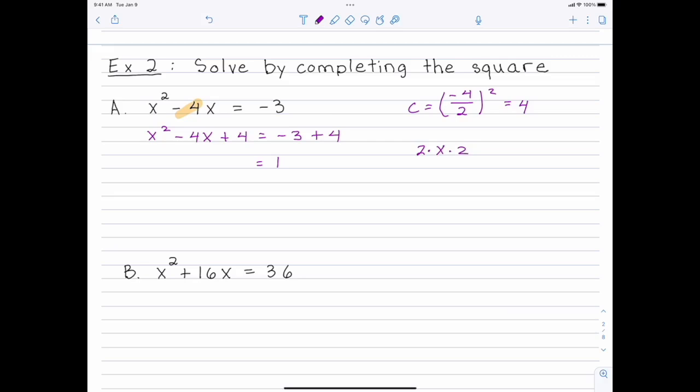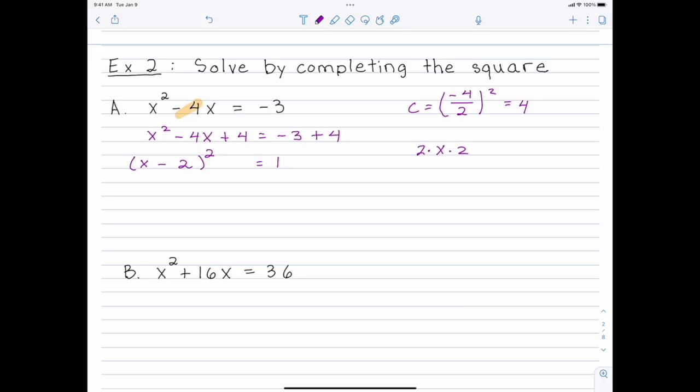Do we get the middle term, ignoring the plus or minus? I think you guys would agree we get 4x. If that is true, which it is in this case, then we get the square root of the first, sign of the second, square root of the last, quantity squared.